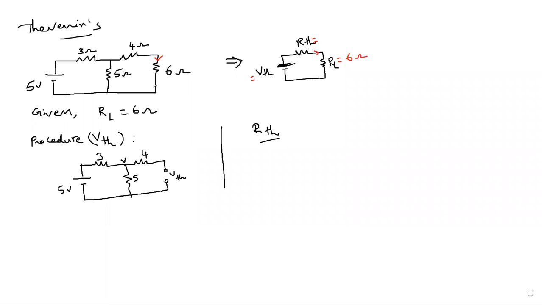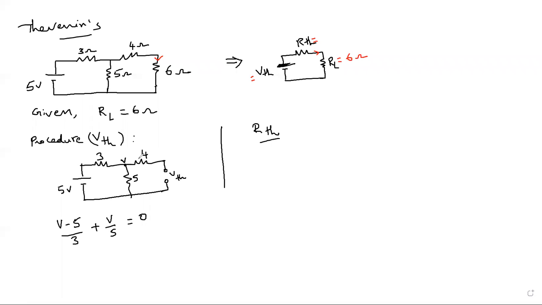Here, what about the equation for this node? So tell me the equation for here. (V minus 5) by 3, plus V by 5 equal to 0, because this is an open circuit.